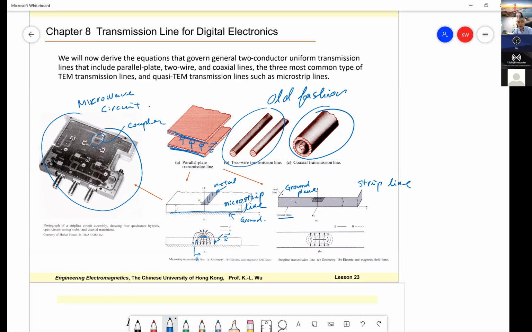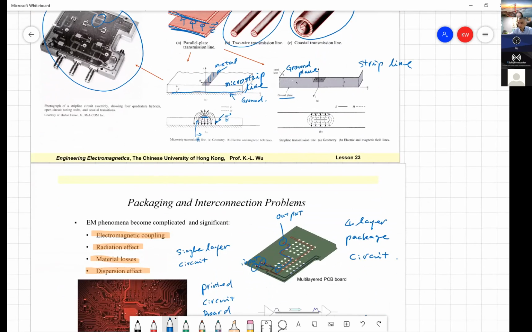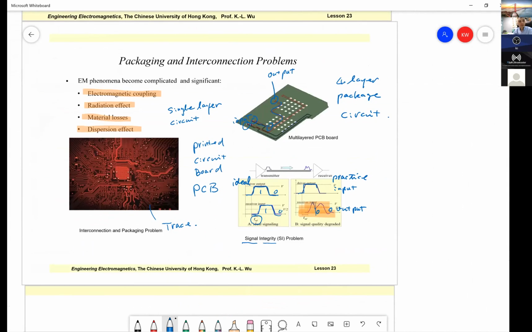Many of this type of circuit have been replaced by integrated microwave circuits. Those are just the applications. And then we need to understand the theory behind, to help us in the future on how to design such a circuit.